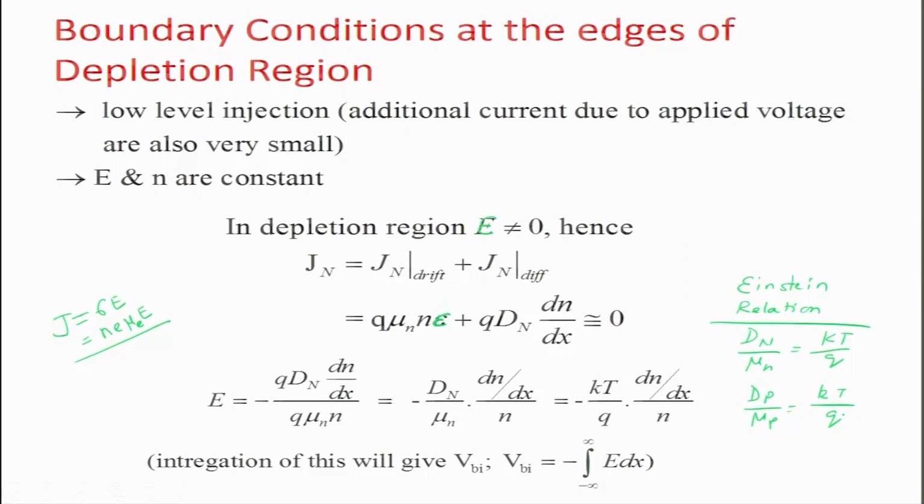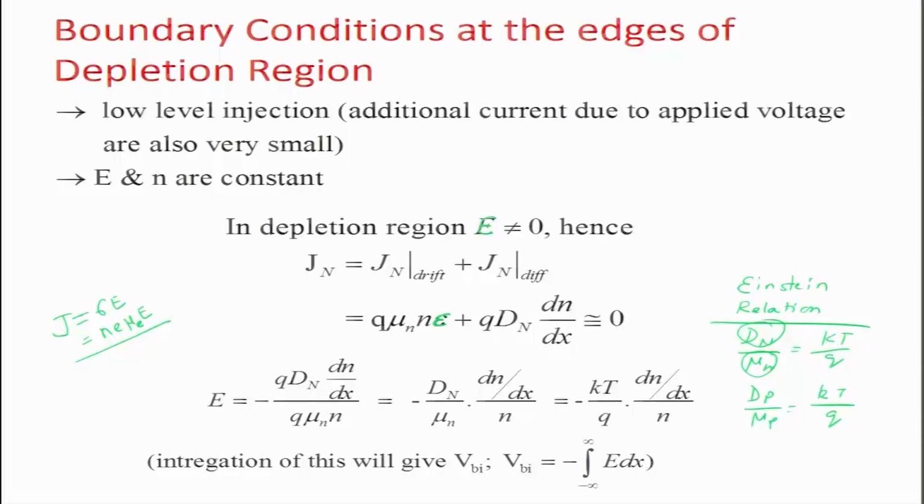Einstein relation is an equation that relates the diffusivity with the mobility. D is the carrier diffusivity, mu is the carrier mobility. So it relates the microscopic parameter mobility to diffusivity.